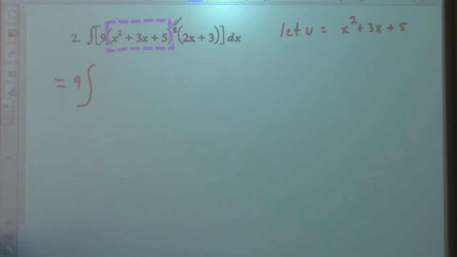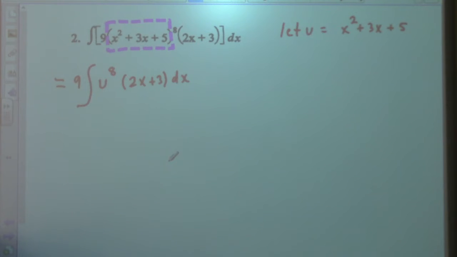If this is U, we're going to have U to the 8th power. Now, does that look a little easier? Yeah. It does, except for this, right? 2x plus 3 and dx. Okay? Does everybody see that first step?